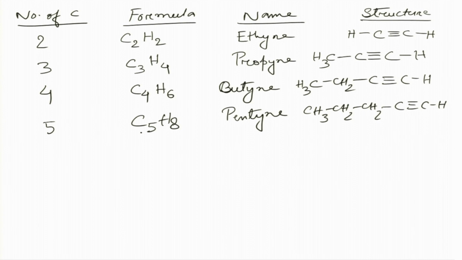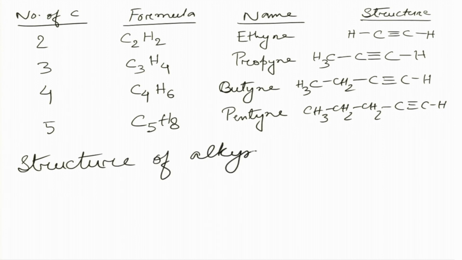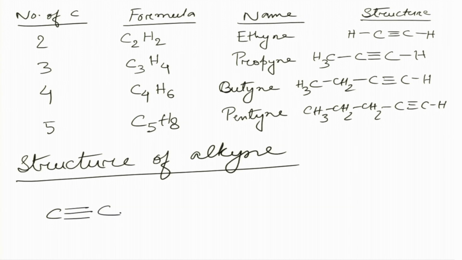Now let us talk about the structure of alkynes. In alkynes we have C triple bond C. In this triple bond we have 1 sigma and 2 pi bonds.